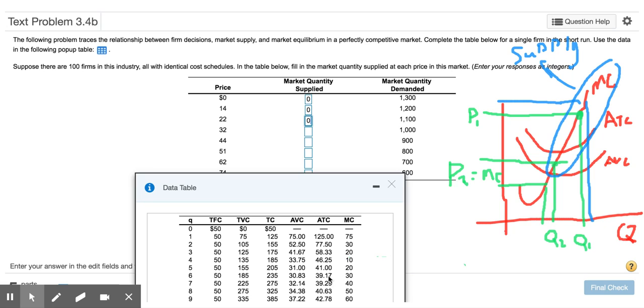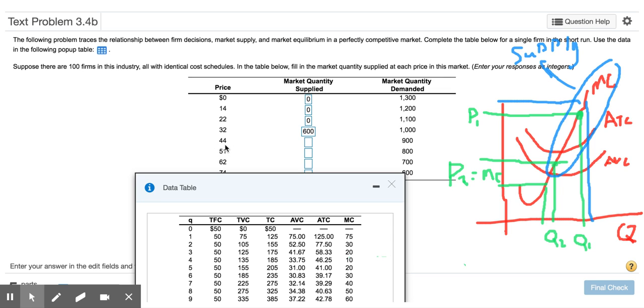So in principle, we should produce 6 units. Now we need to check, before we do that, whether 32 is higher than average variable cost. Yes, average variable cost is 30.83, which means that we are on this section. And therefore, this company should produce 6 units. We have 100 companies producing 6 units. 100 multiplied by 6, we get 600.